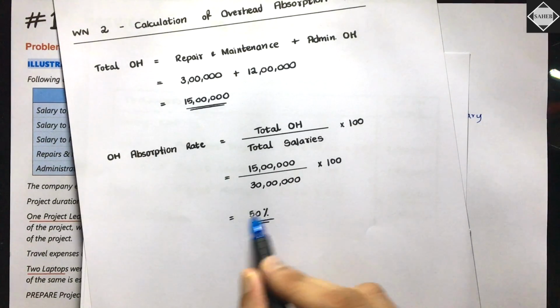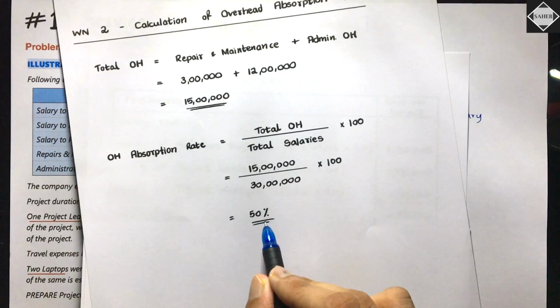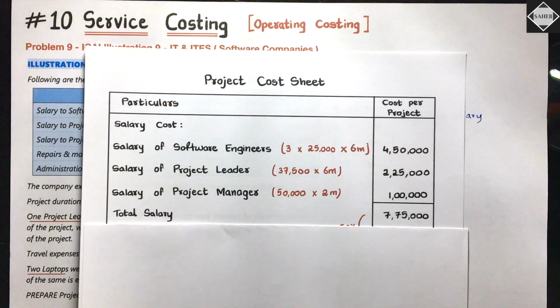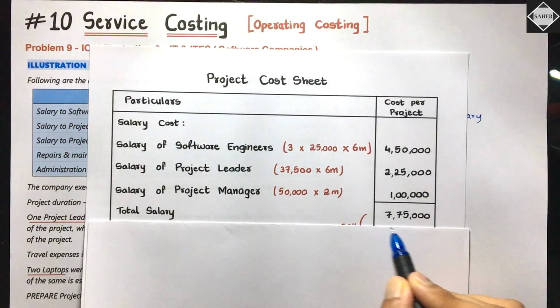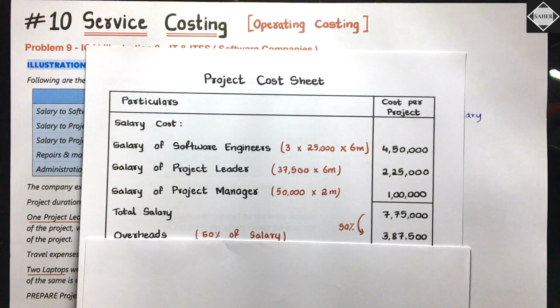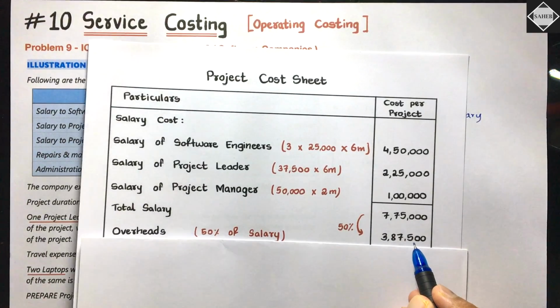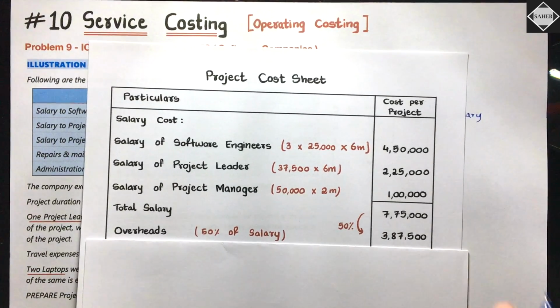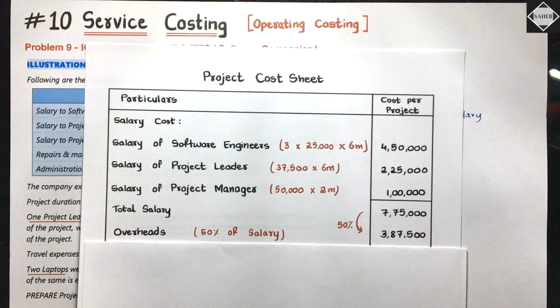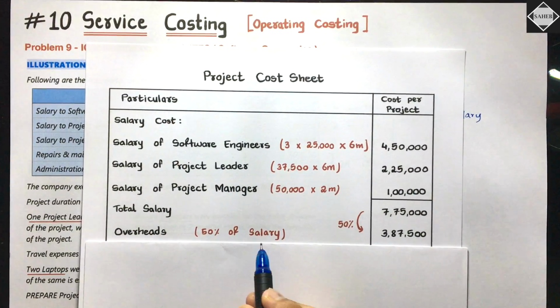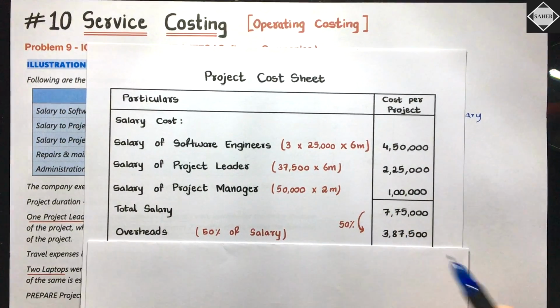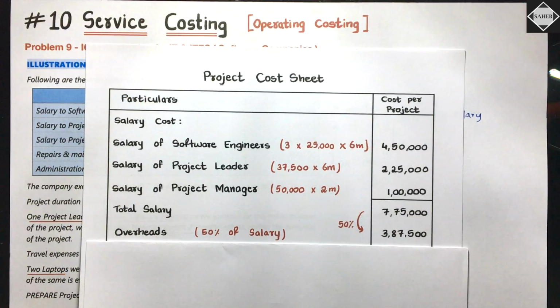We have the recovery rate or absorption rate of 50%, so that is what you have to use. 50% of this will be 3,87,500. This is the overhead cost allocated to project XYZ. Is that clear? Just 50% of the salary. That's simple, isn't it?